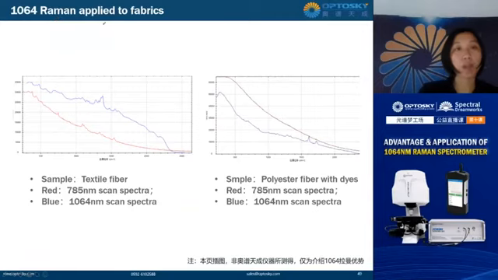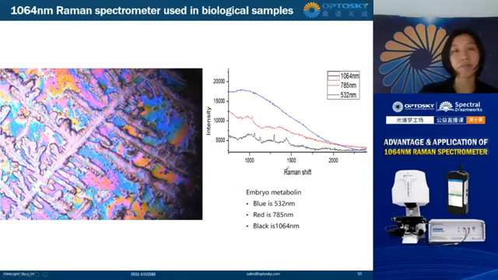1064 Raman is applied to detect fabric. This is textile fabric. It's better, right? For dyed polyester fibers, the blue one, the 1064, is much better, while 785 has no signal.